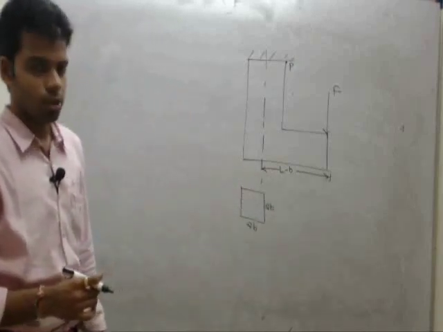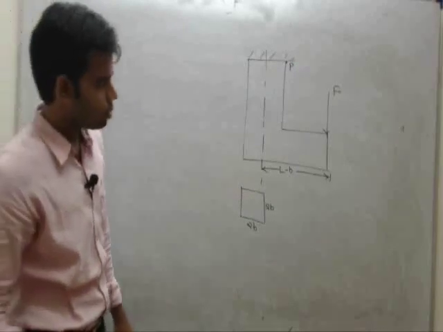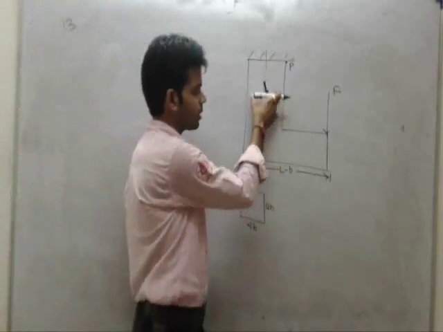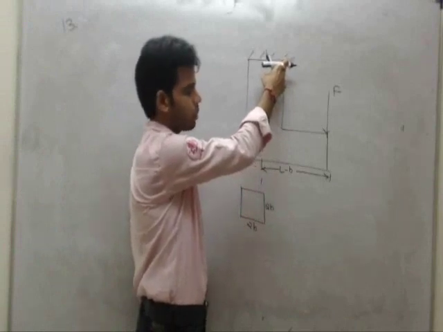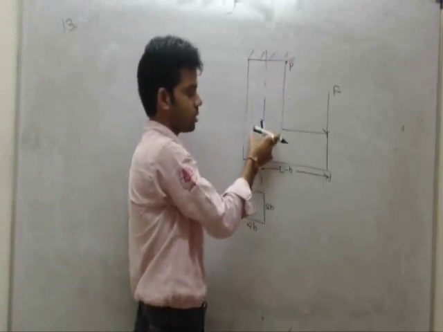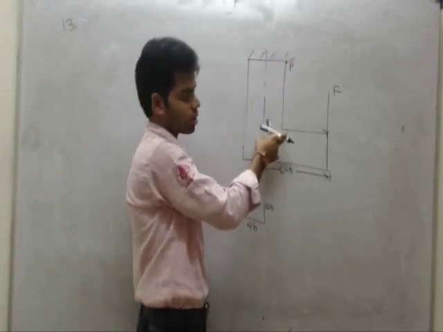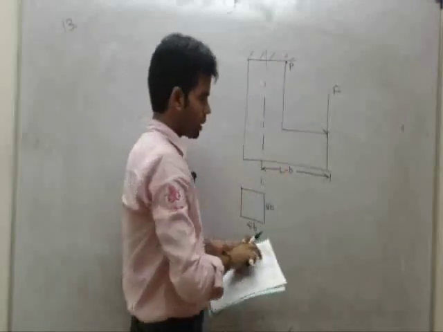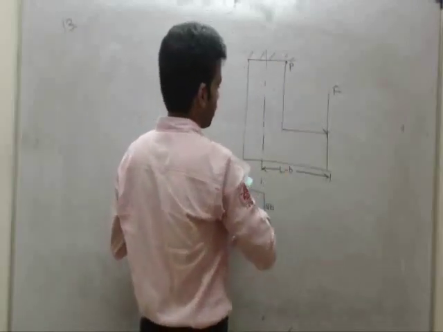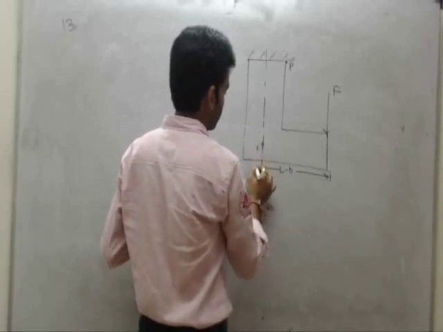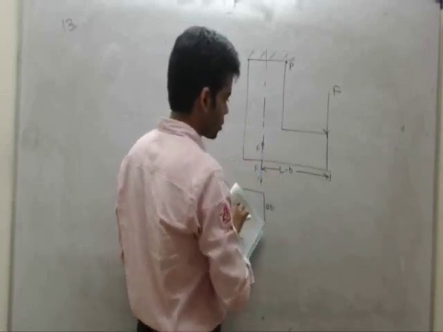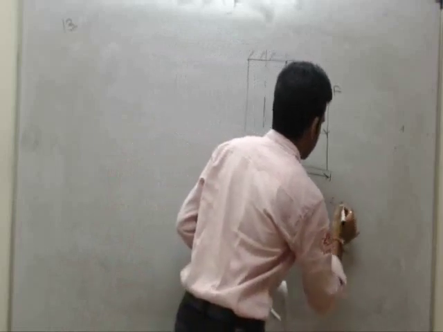Clear? Now if we want to determine the effect in this particular section, because we have to determine the stress at P, in order to determine the stress, the effect at this particular section of this force, what we can do is we can just have equal and opposite force here, F and F. Now just draw the equivalent section of this.